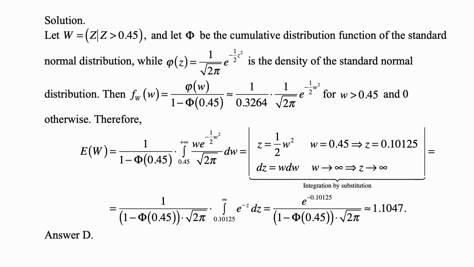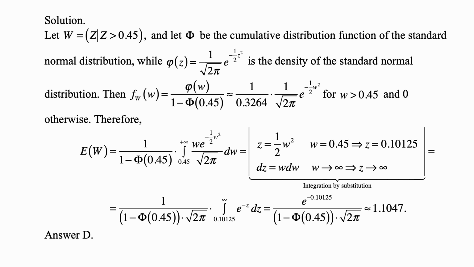So w times e to the minus 1/2 w squared over square root of 2π. And we do integration by parts by taking z to be 1/2 w squared, so that dz is w dw. I'm sorry, we're not doing integration by parts, of course, we're doing integration by substitution.